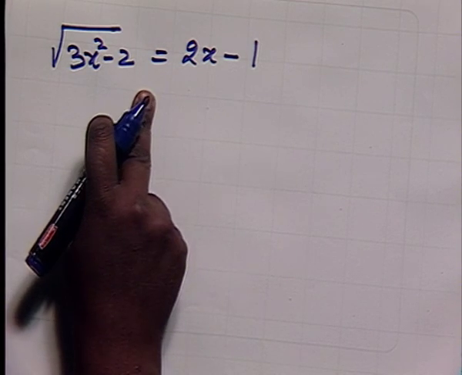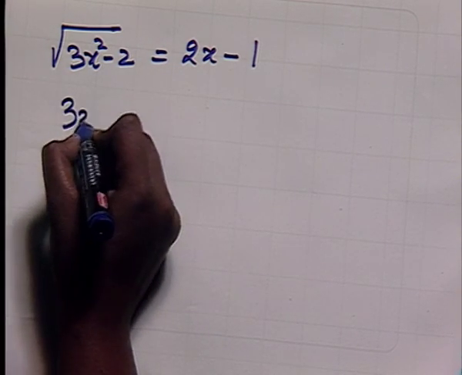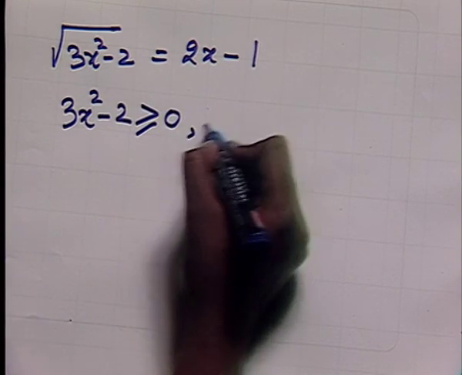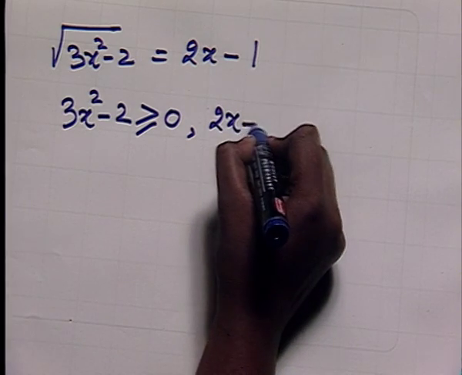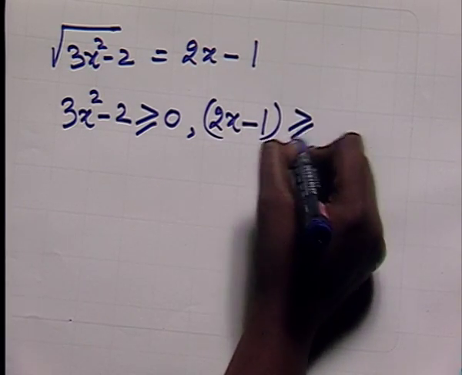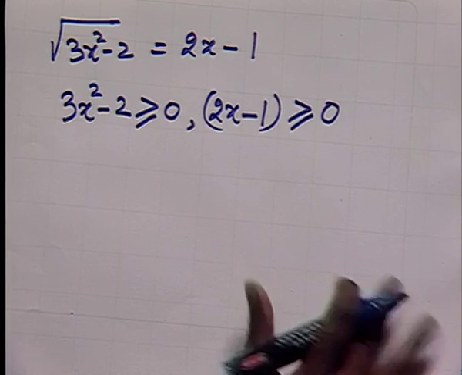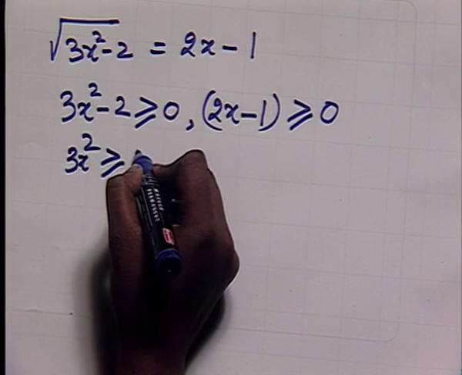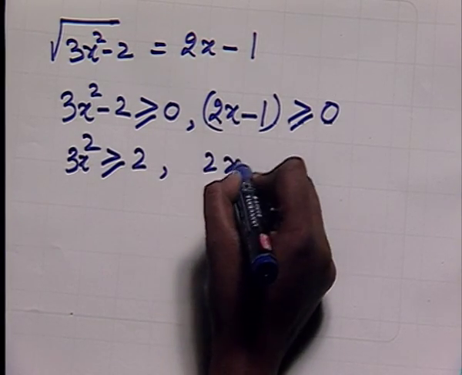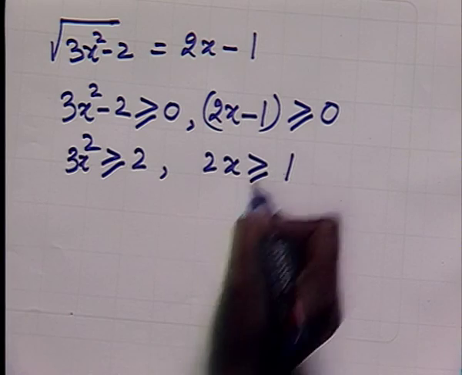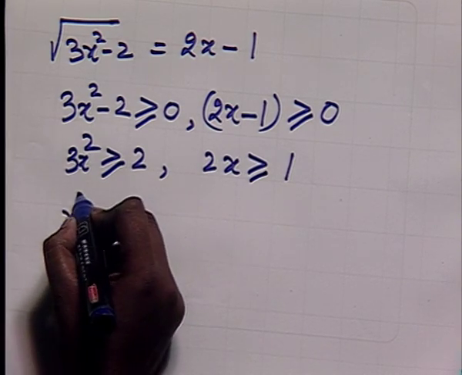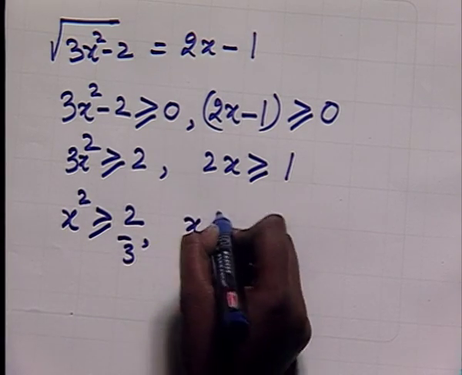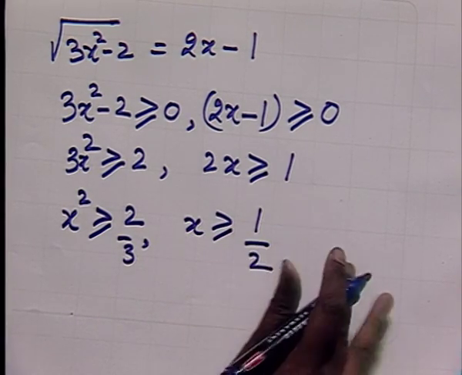This equation will have roots if 3x square minus 2 is non-negative, and also the right hand side, that is 2x minus 1, is non-negative. That is, if 3x square is greater than or equal to 2 and 2x is greater than or equal to 1, or we can say if x square is greater than or equal to 2 by 3 and x is greater than or equal to half.